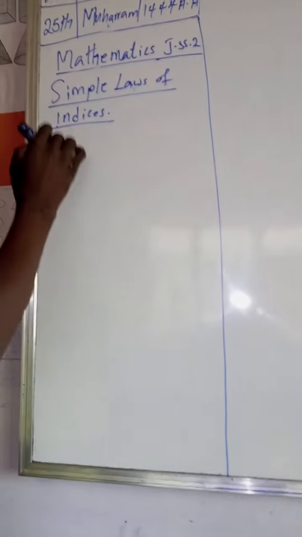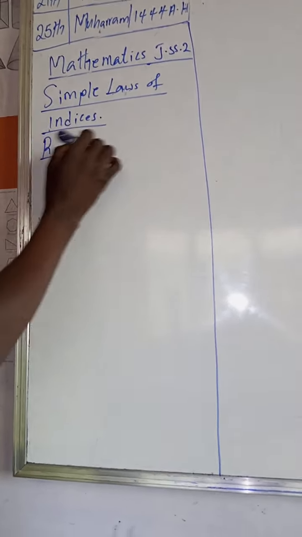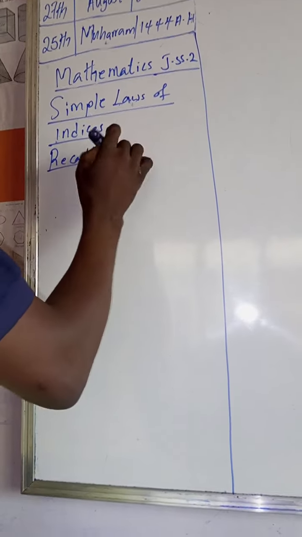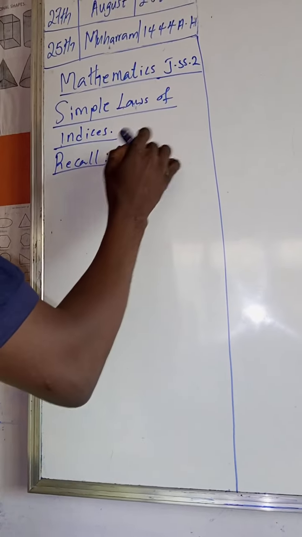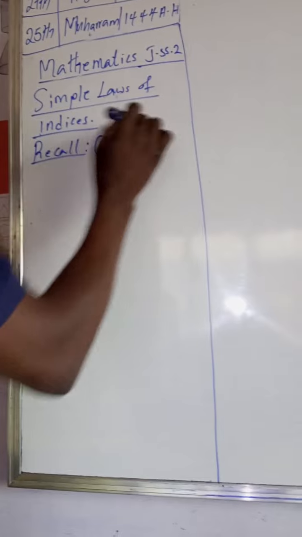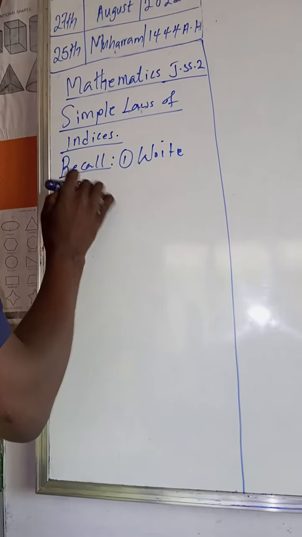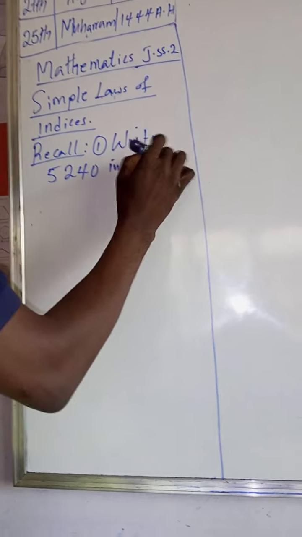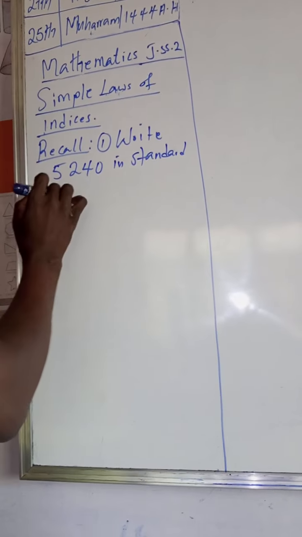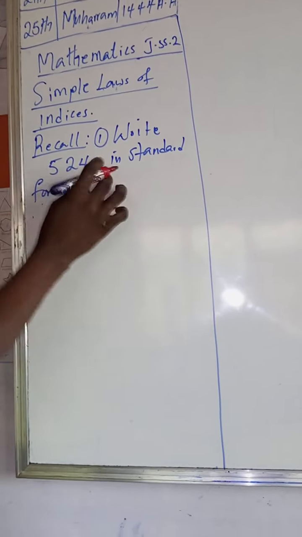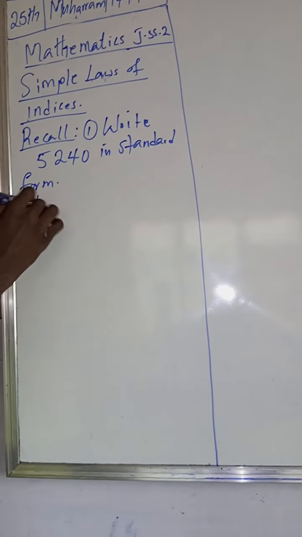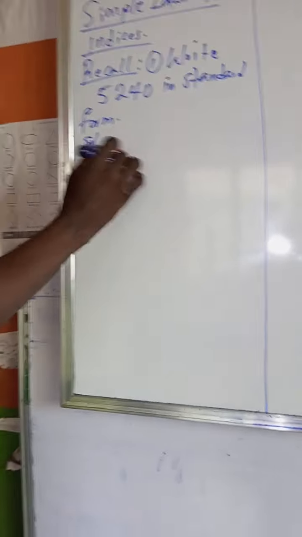So let me recall, like we normally do, the standard form they did last. Take for instance, write 5,240 in standard form. Hope we know that a number without a point means the point is at the end.